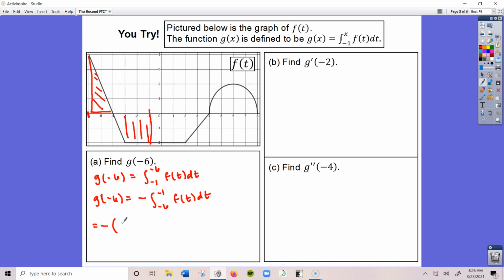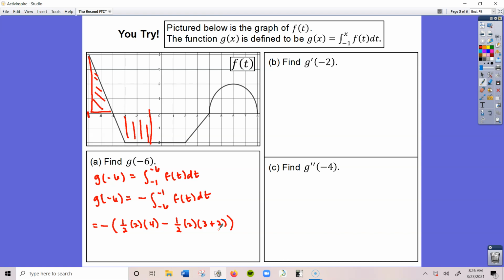So the area of this triangle is 1/2 times the base, which is 2, times the height, which is 4, minus the area of the trapezoid, which is 1/2 times the height of the trapezoid, which is 2, times base 1, which is 3 units, plus base 2, which is only 2 units.